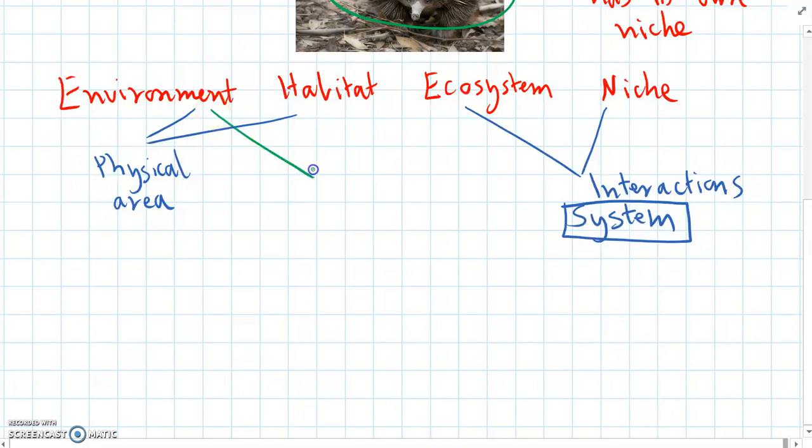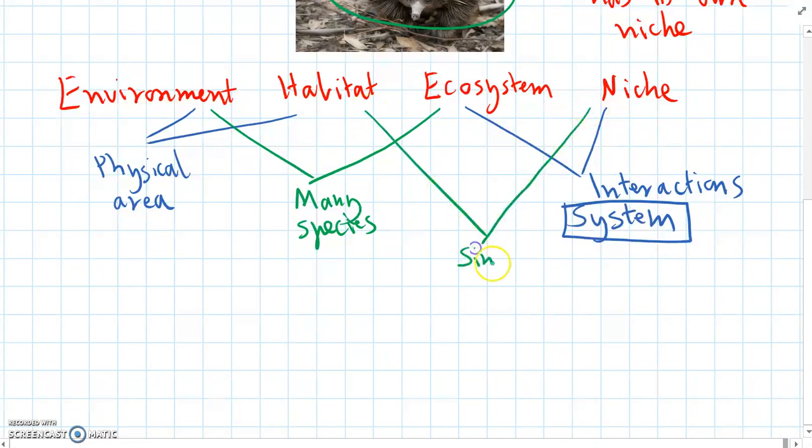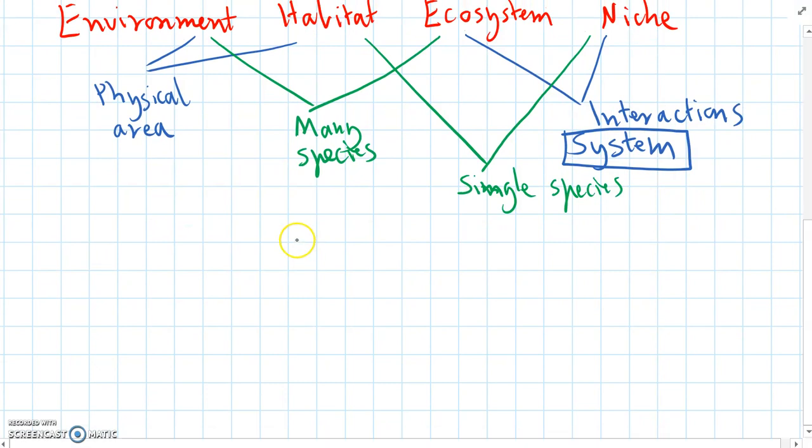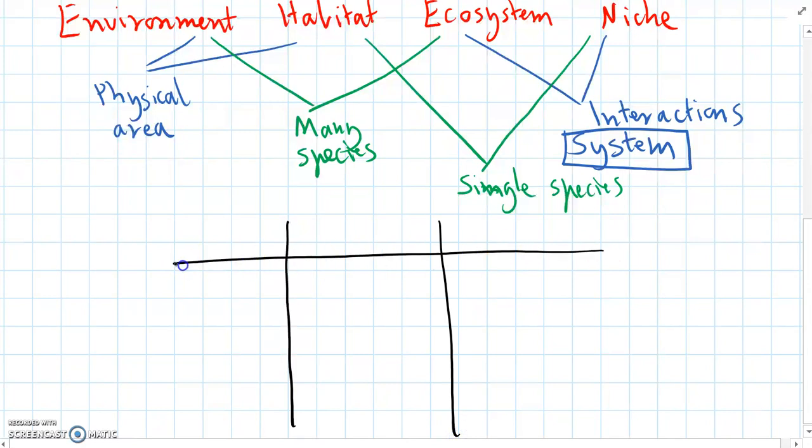If we look also at these 2 terms, the environment and the ecosystem, they're talking about many species in a larger area, whereas the habitat and the niche are only talking about a single species. So a good way to compare the differences between all these 4 words is in a two-way table. So we'll draw up a two-way table here.